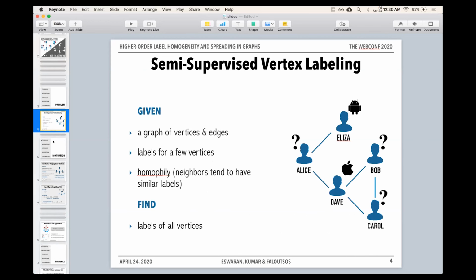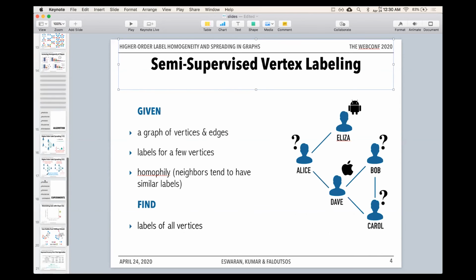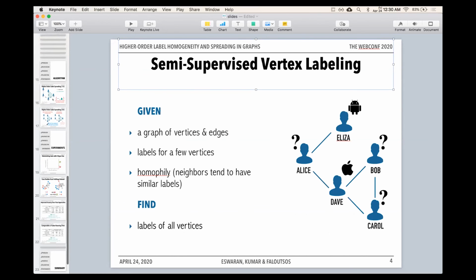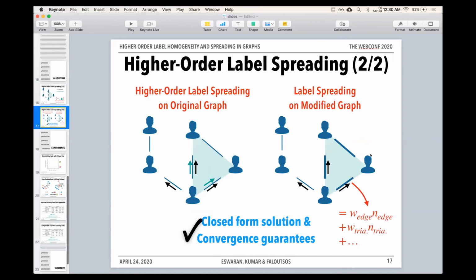But if there are base algorithms that do semi-supervised vertex categorization instead of classification, like you said, then this algorithmic framework can be used to apply that algorithm after constructing the modified graph as well. Does that answer your question?